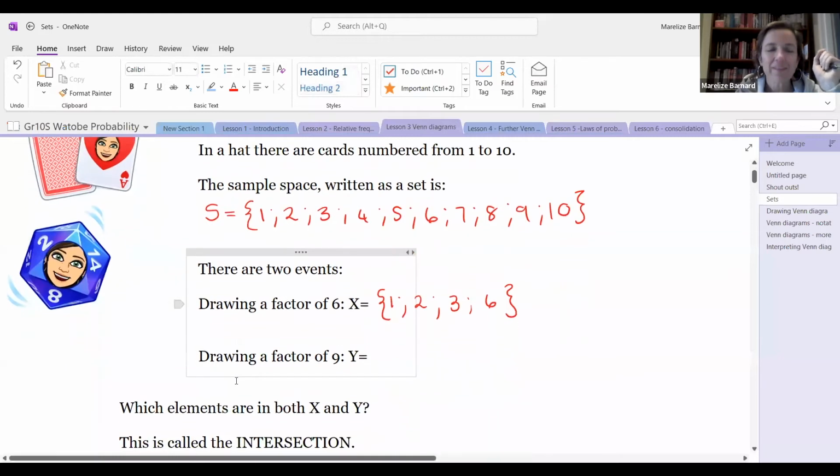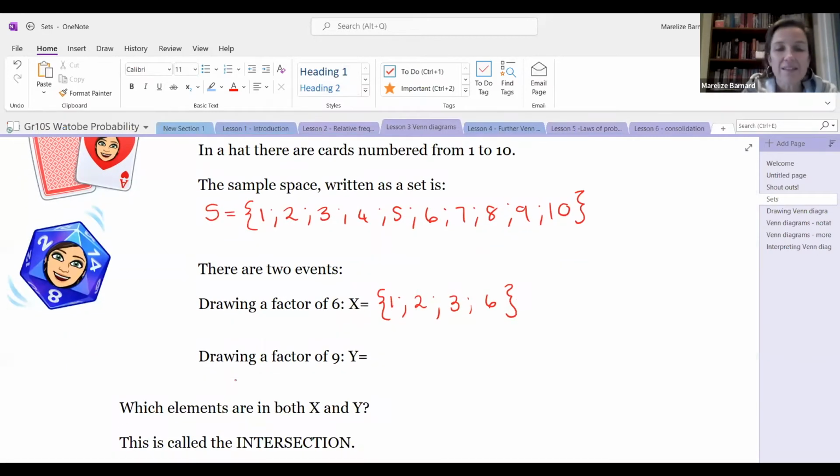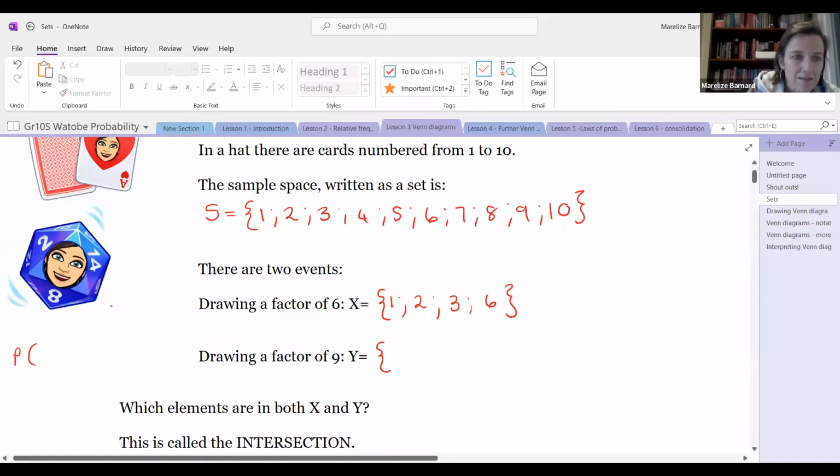Okay. So now drawing a factor of 9. Drawing a factor of 9, which elements are going to go into that set? 1, 3, and 9. I just again want to talk a little bit about writing it like this.